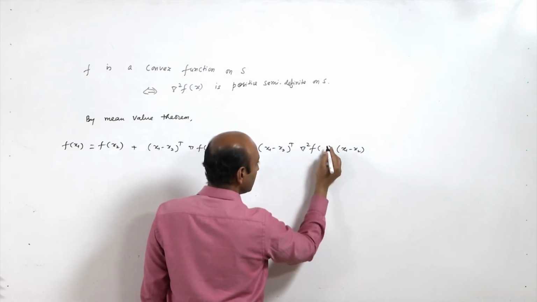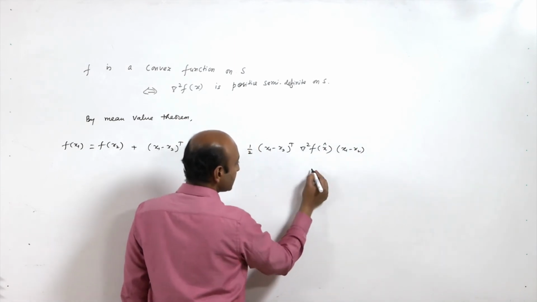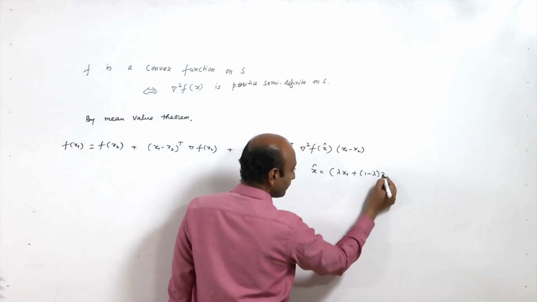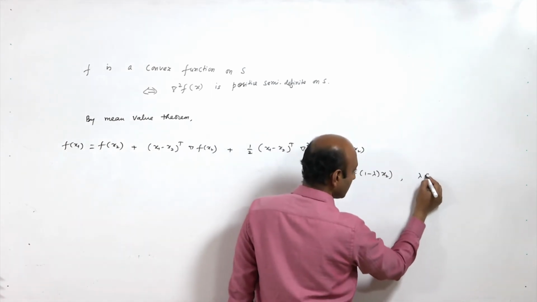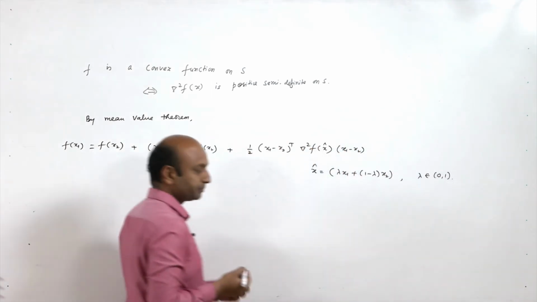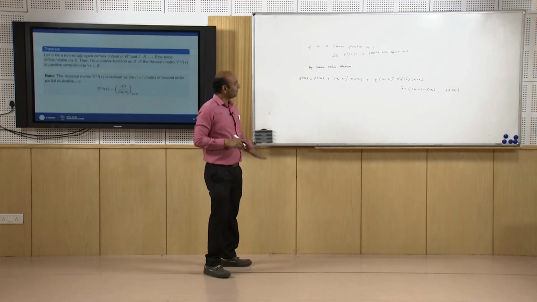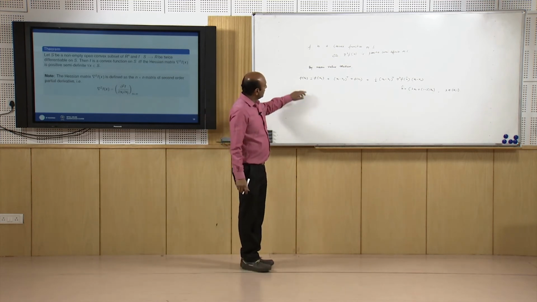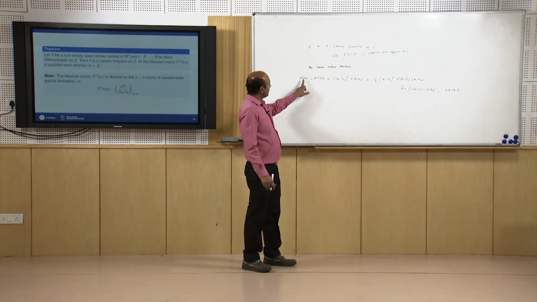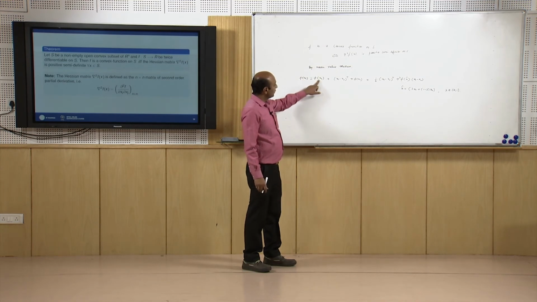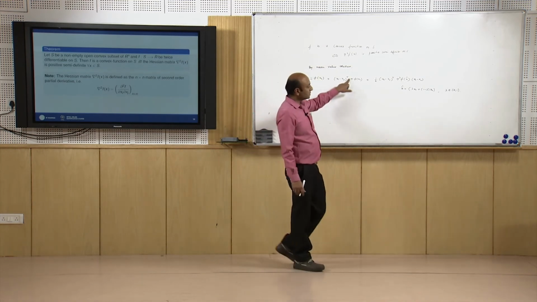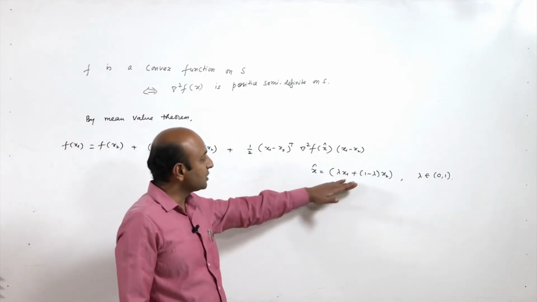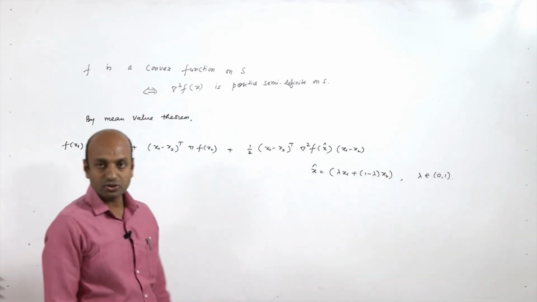You can take some x cap here, where x cap is nothing but a convex linear combination of x1 and x2. This is by the mean value theorem.